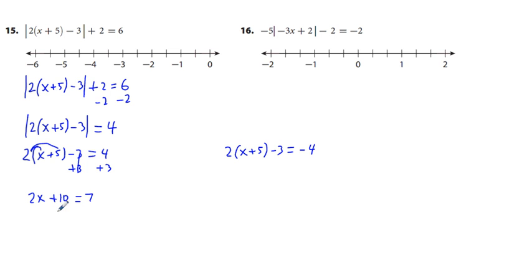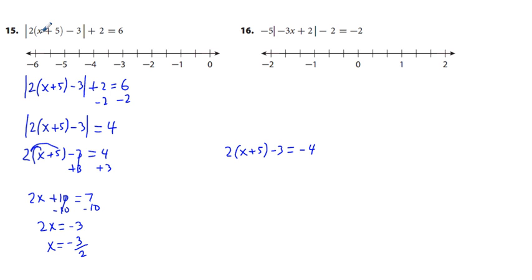And subtracting 10, we have 2x is equal to -3. So x is equal to -3 over 2. And let's test this out. We're going to have this thing be equal to 4 here. Well, we'll do that right now.